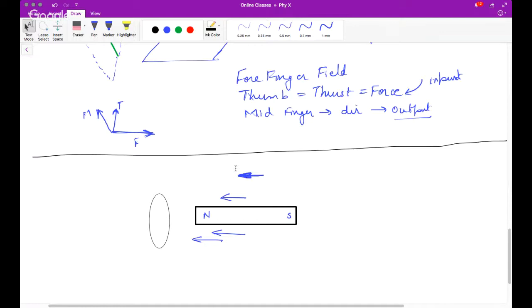No current will be induced as the direction of movement is parallel to the direction of magnetic field lines. Is it? So I am moving it. So what are the directions of? So let's draw the magnetic field lines. Will not these be the magnetic field lines?